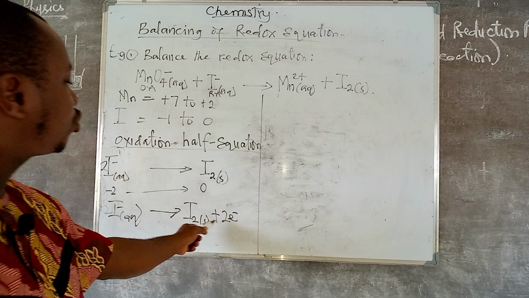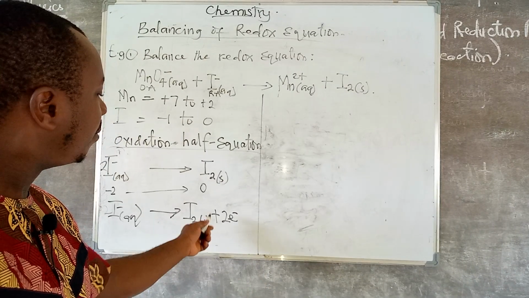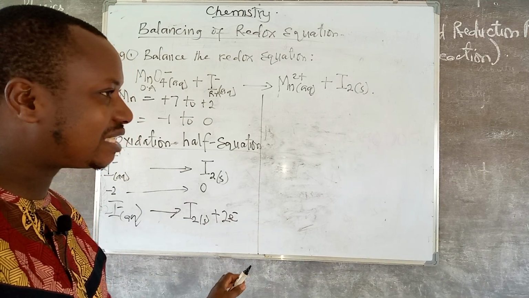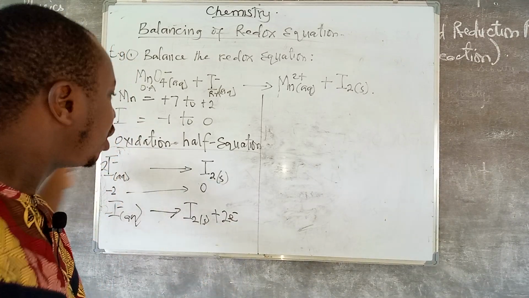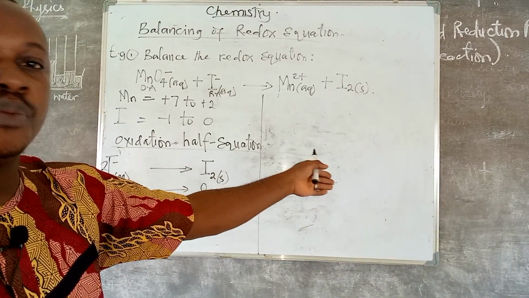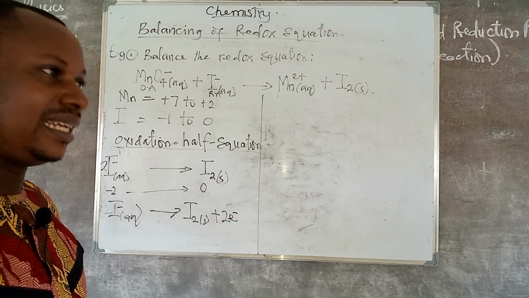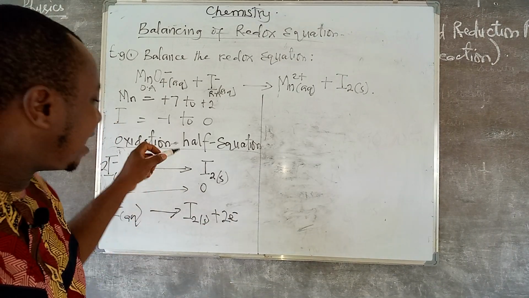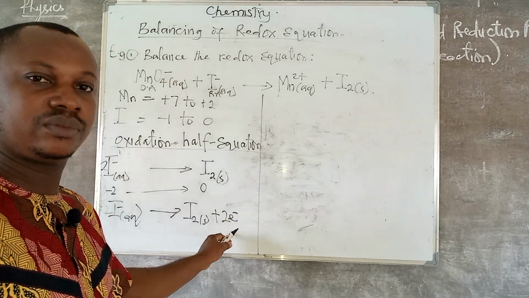If you add 2e, you have to add electron now. But when you are adding 2, don't get it twisted. We are trying to balance number of charge so that this side will be -2, this side will also be -2. If you know mathematics very well, in as much as I have added 2e, it is invariably -2.